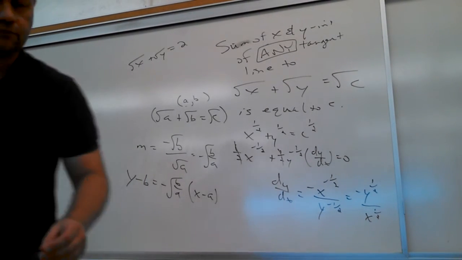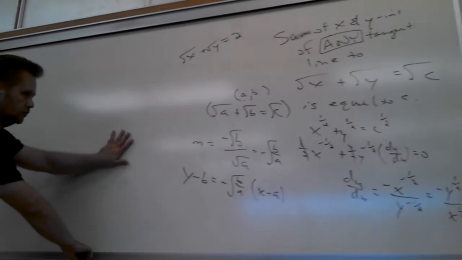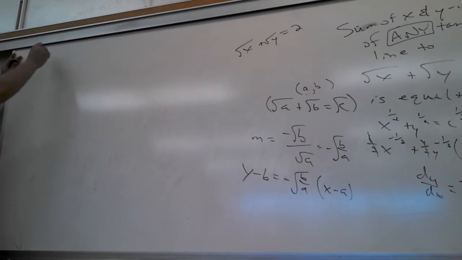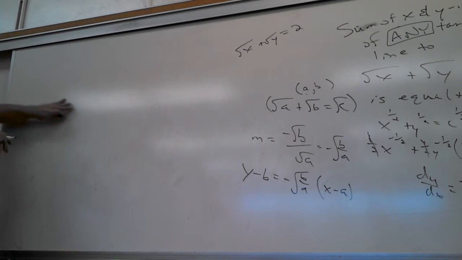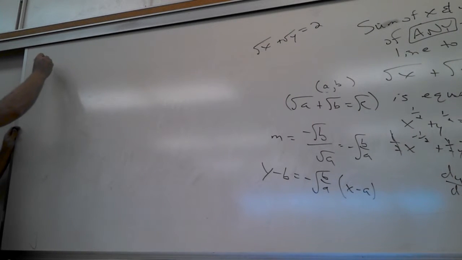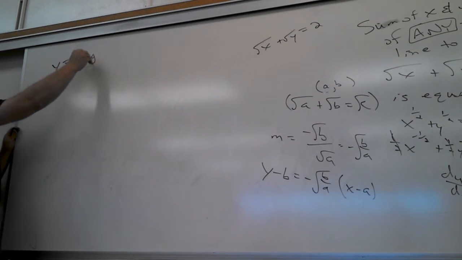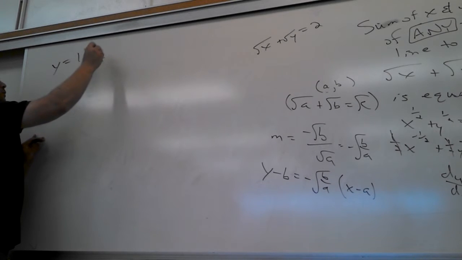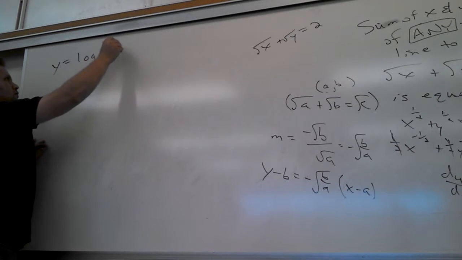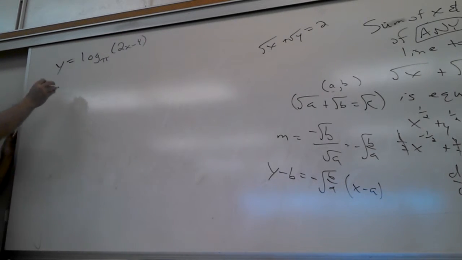And remember, what we did last time, just to help you keep things going, if I gave you this, like log base pi of 2x minus 4, what's the derivative of that?